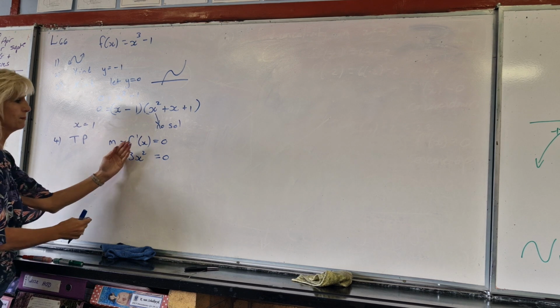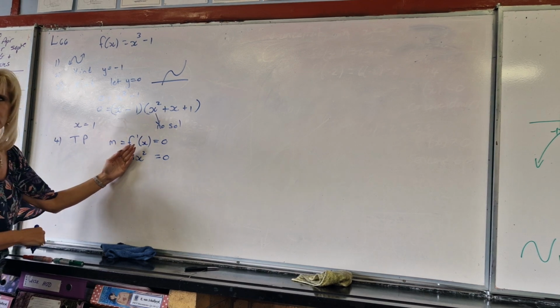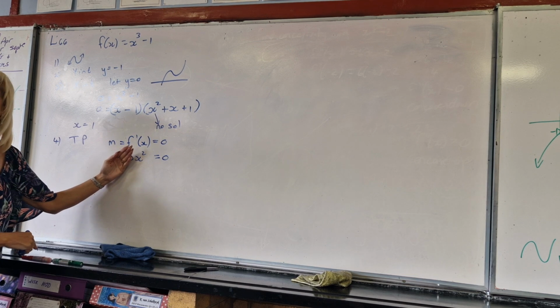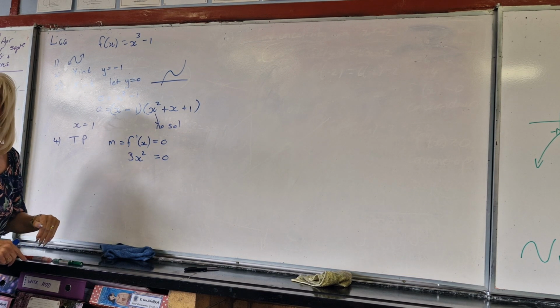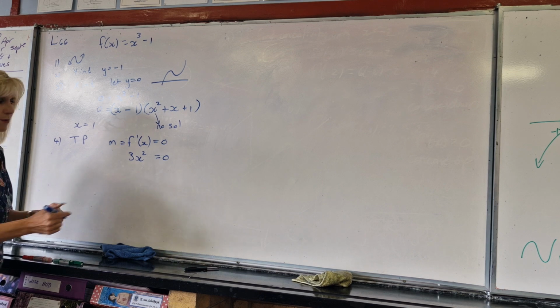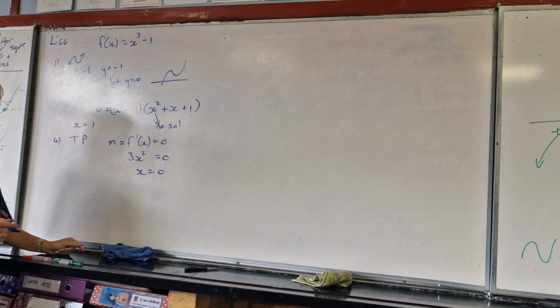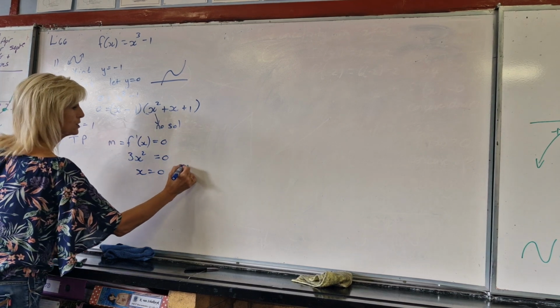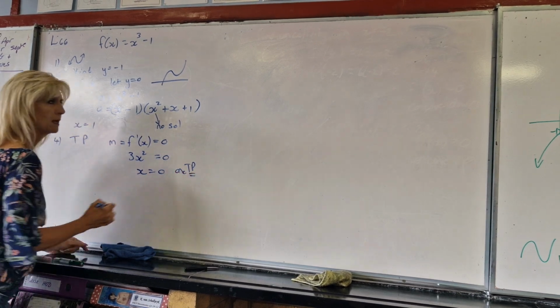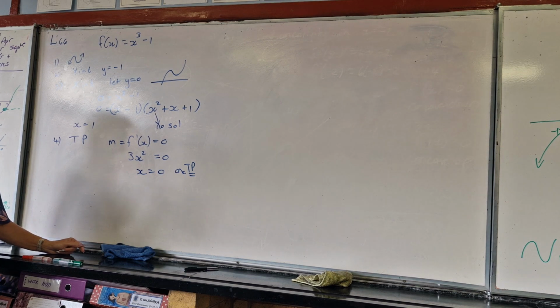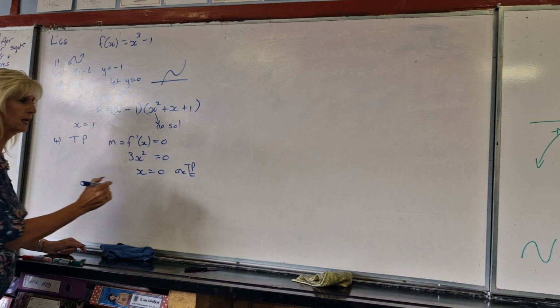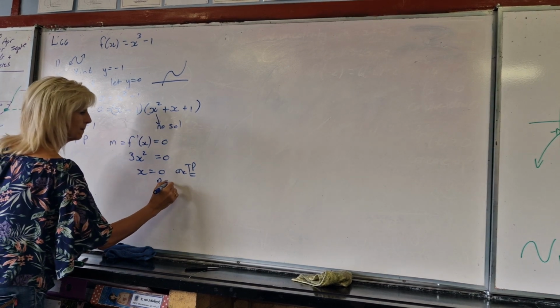You could have said divide by 3, then square root it, but square root of 0 is still going to be 0. Plus minus 0, because it's a square root, it's still 0. X is equal to 0. So I only have 1 turning point. But that means if I only have 1 turning point, it will be a point of inflection.